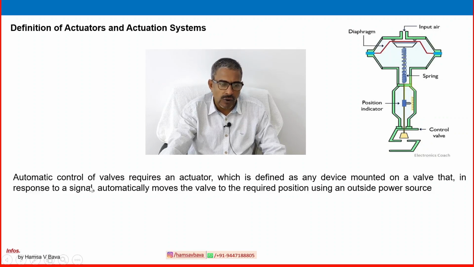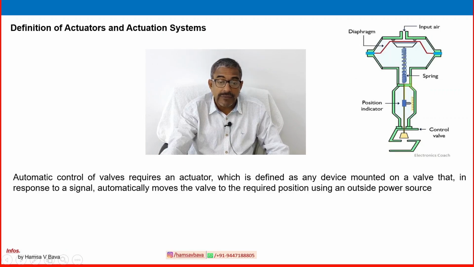Automatic control of a valve requires an actuator, which is defined as any device mounted on a valve that, in response to a signal, automatically moves the valve to the required position using an outside power source. So this actuator is receiving the signal from the controller. If you remember, or if you have watched my instrumentation control system videos, all control loop instruments we discussed there.